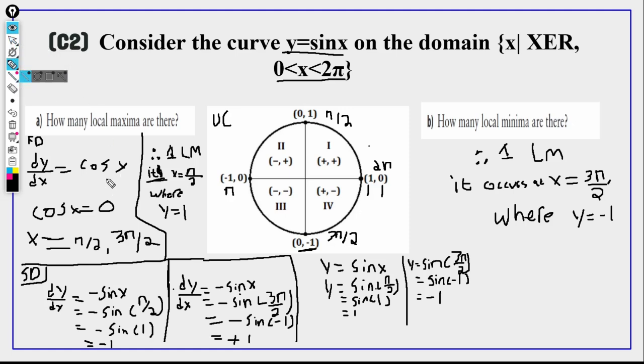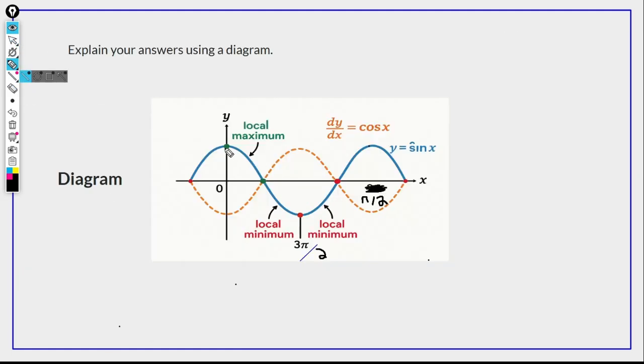Here I'm going to explain this with a diagram. For our regular equation, y equals sin x, we can see our local minimum at negative 1 and our local maximum at positive 1.